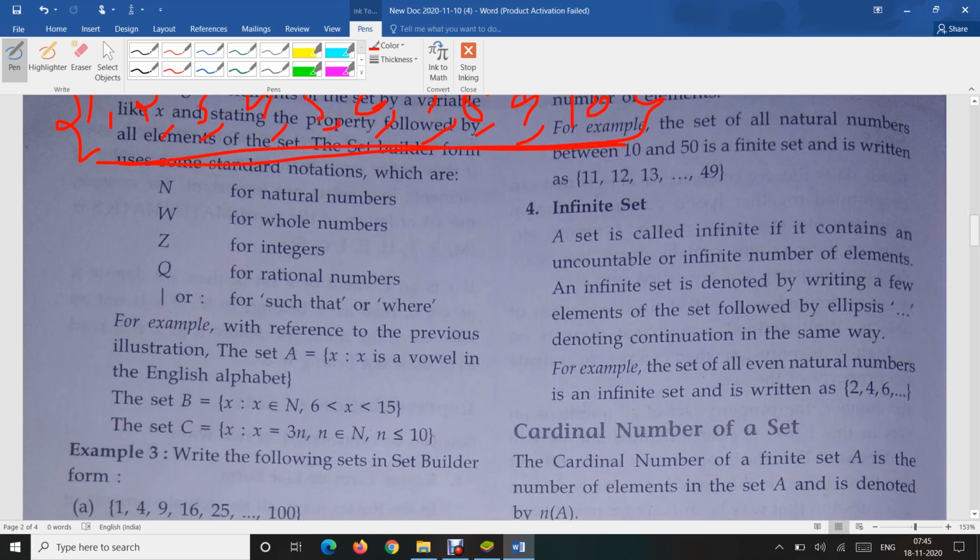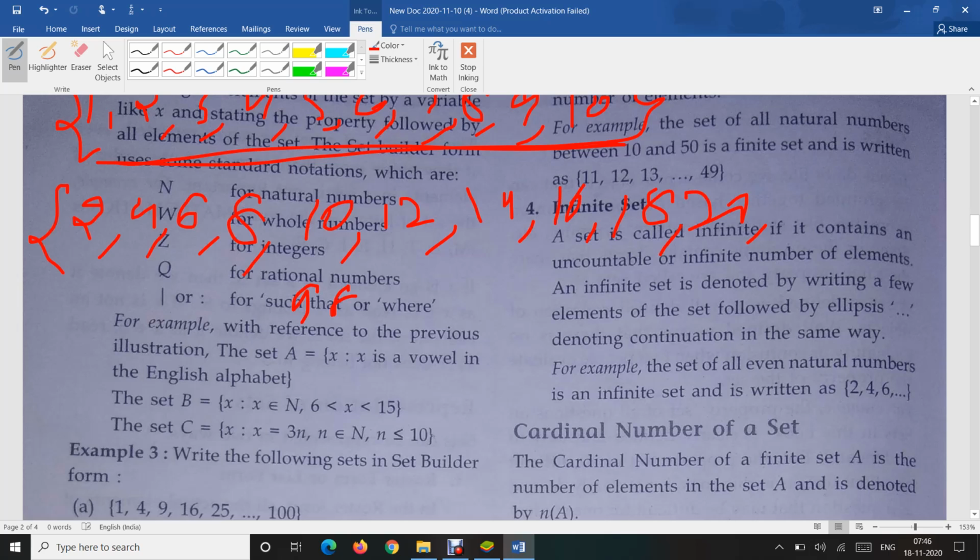A set is called infinite if it contains an uncountable or infinite number of elements. Suppose you have to write all the even natural numbers. So even natural numbers are 2, 4, 6, 8, 10, 12, 14, 16, 18, 20, up to 98, 100 and so on, 998, 1000 and so on.